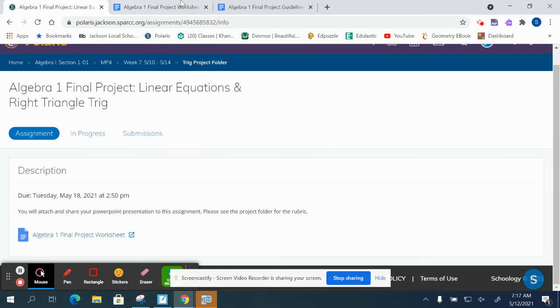I don't need to see your face in it. If you want to include it, you can, but I just need to see your screen and then hear you talking, kind of like the Screencastifies that I do. All right, so that's what you need to submit. So 3 things in here: the worksheet, the Google slideshow, and then the presentation, the video.